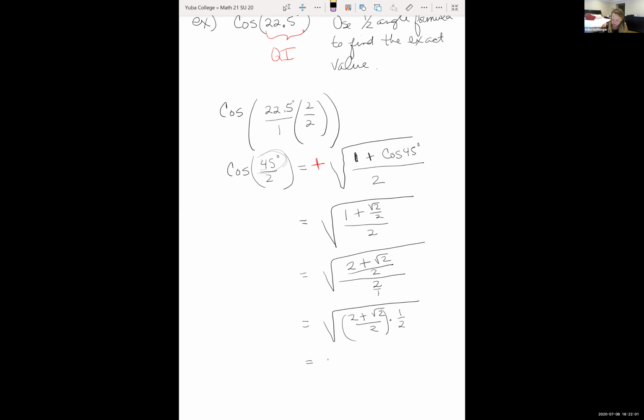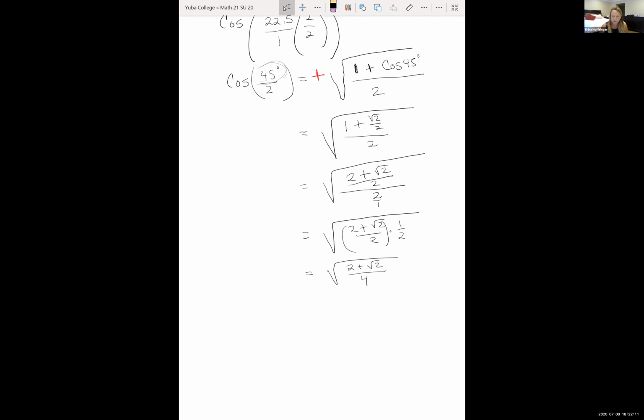So this is the square root of 2 plus root 2 all over 4. The square root of a fraction is the square root of the numerator all over the square root of the denominator. So we have the square root of 2 plus root 2 all over the square root of our denominator, which is just 2. So here's the exact value of this.